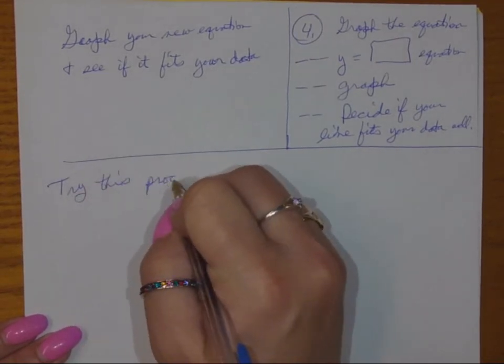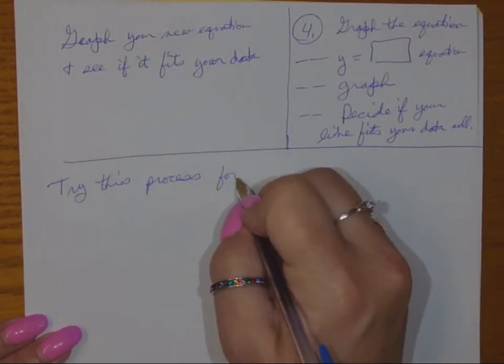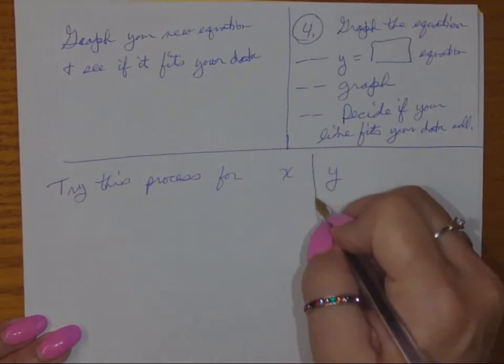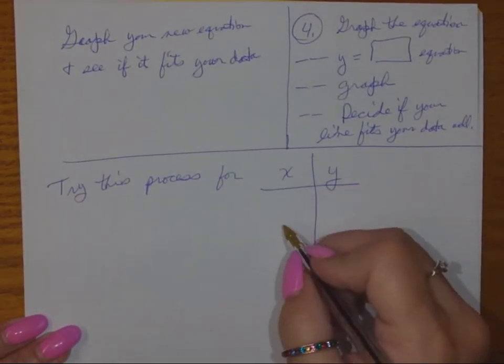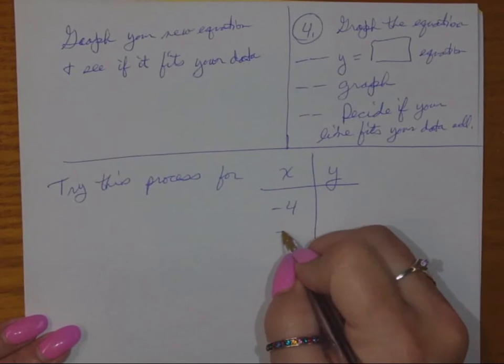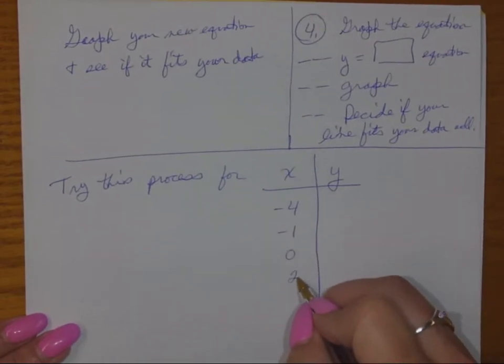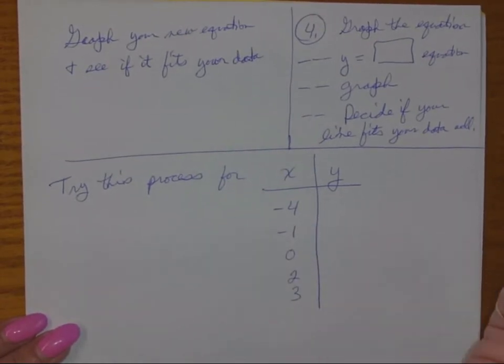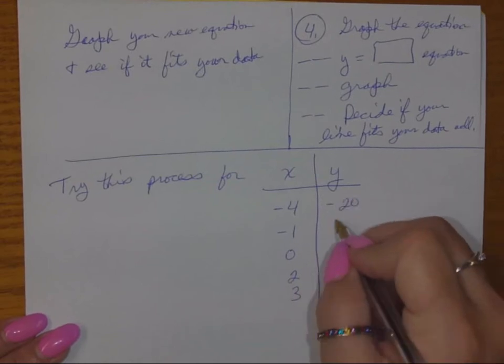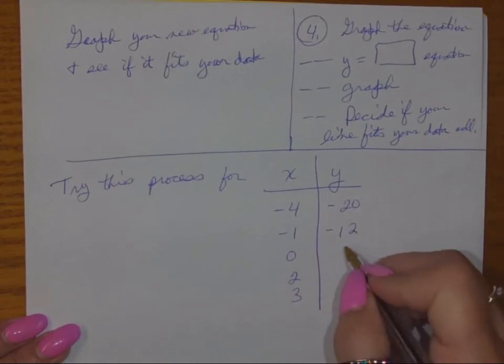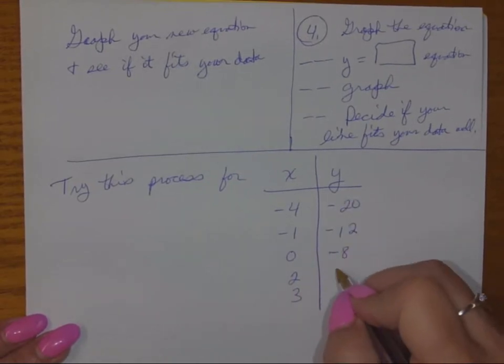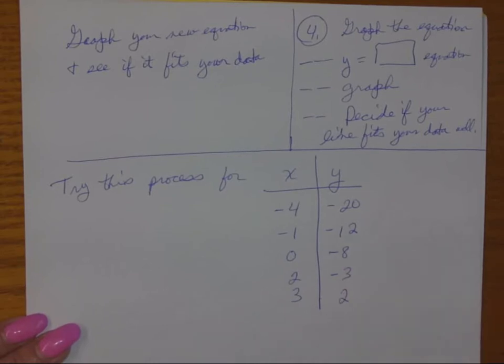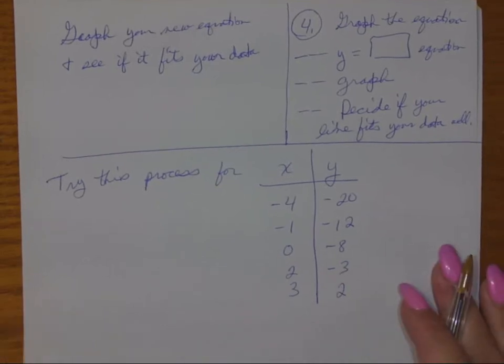Don't let me do it. You do it yourself. But here's your data points, X's and Y's, and we're going to say -4, -1, 0, 2, and 3 for my X values. -20, -12, -8, -3, and 2 for my Y values. So see if you can do that.